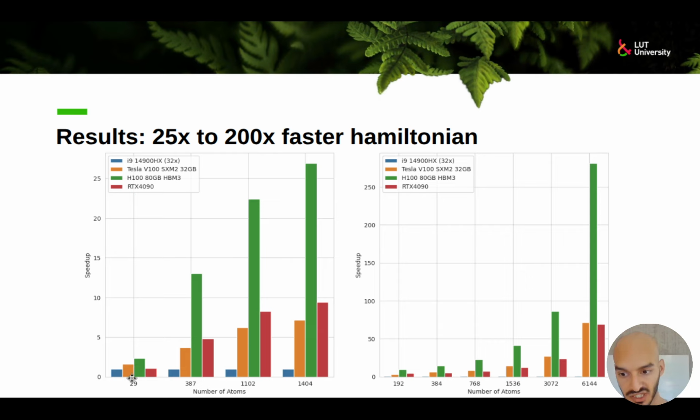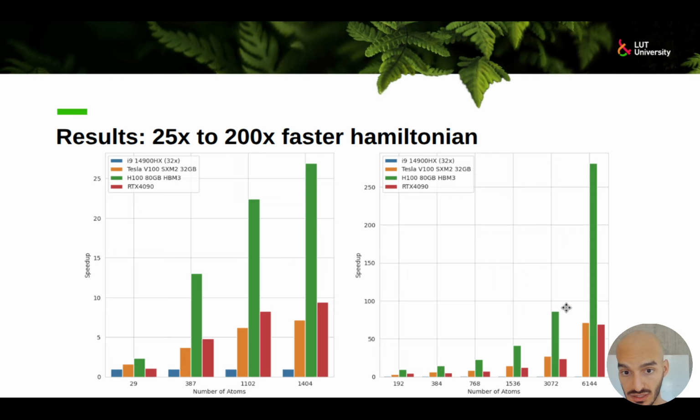And for calculating a Hamiltonian, we can see that as the number of atoms increases, I perform better and better compared to 32 CPUs. For instance, I get above 25 times more performance using H100 for calculating the Hamiltonian.